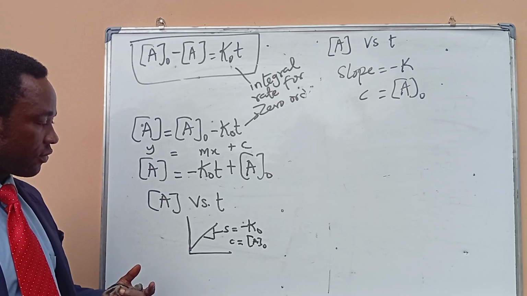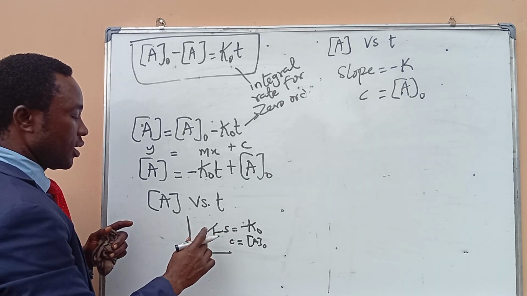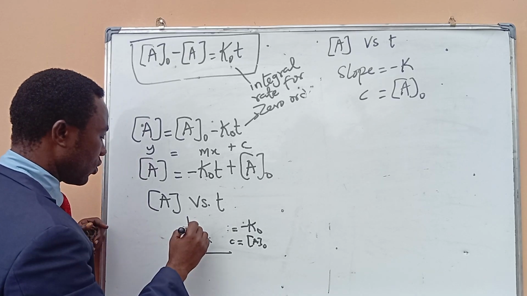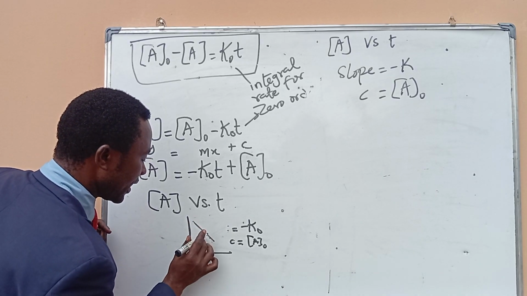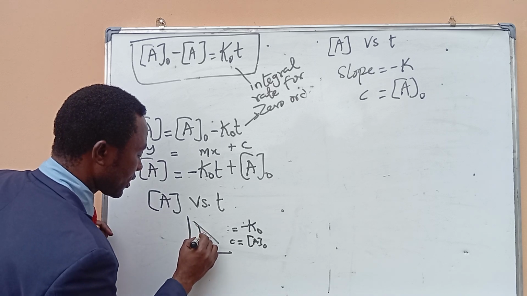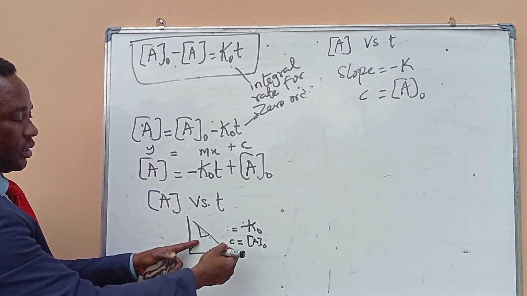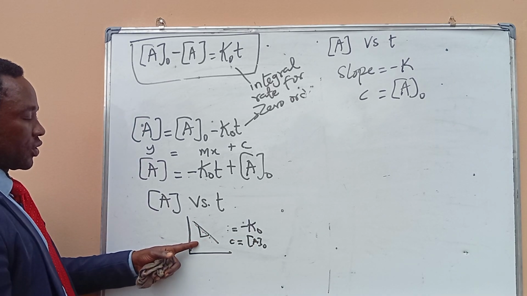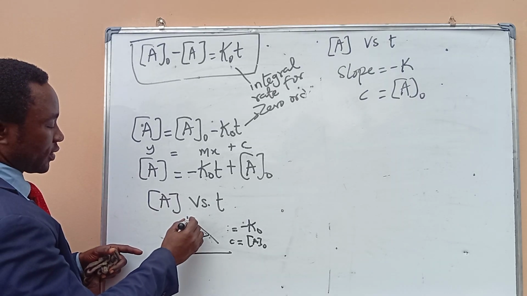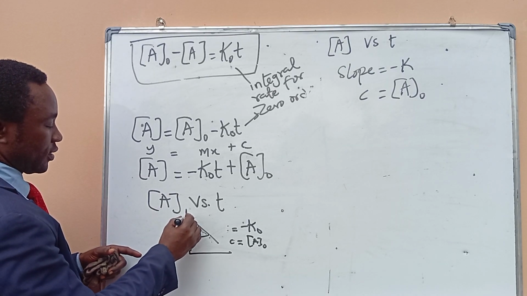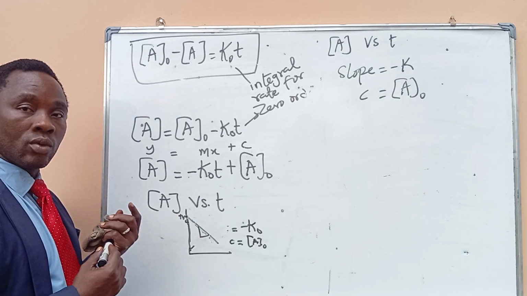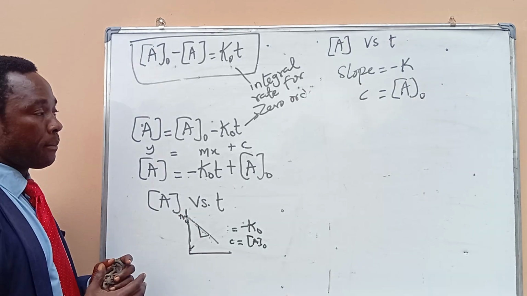The slope is negative, so the graph will go the other way. That is a negative graph, so our slope is minus K, and our intercept on the y-axis is positive. Please note this because it's very important.